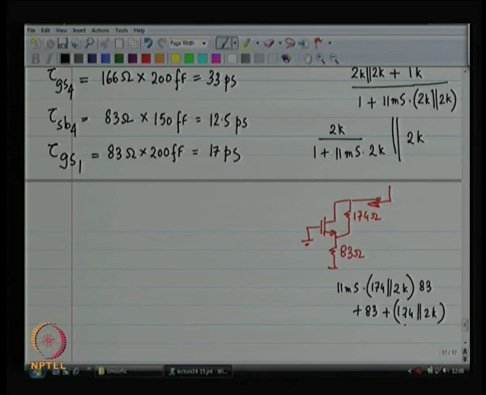So, that is the impedance, that is the resistance that you are going to see. So, let me just do the computation. So, this is 160 ohms. So, you basically see 389 ohms.